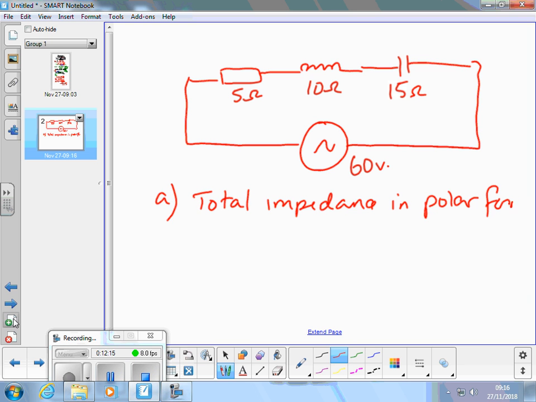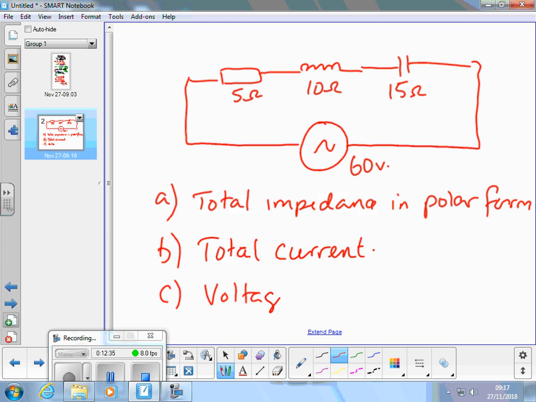Put impedance in polar form. B. Total current. C. Voltages. VR, VL, and VC. These ones.